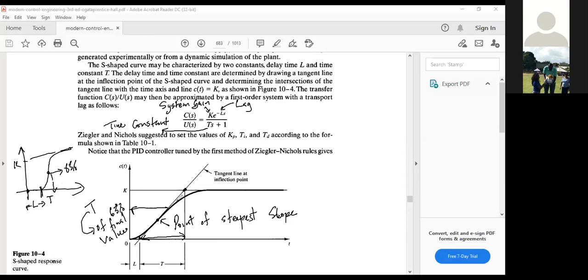This graph that is drawn here is a special case in that it starts at t equals 0. The graphs don't usually start at t equals 0. Where there's a noticeable delay, you can use that to read off your lag time if you are conducting an experiment. The other thing that I need to point out is that you apply a step input.